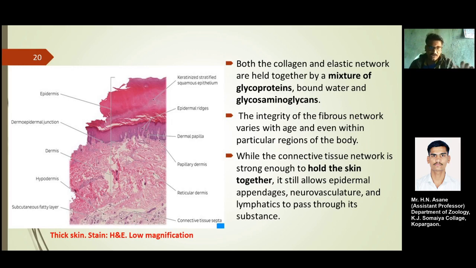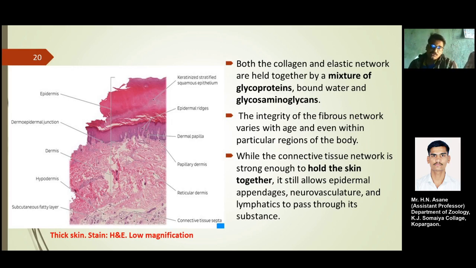The dermis and hypodermis junction is layered as the subcutaneous fatty layers, with connective tissue septa. The connective tissue septa separate these layers by means of the presence of this connective tissue.